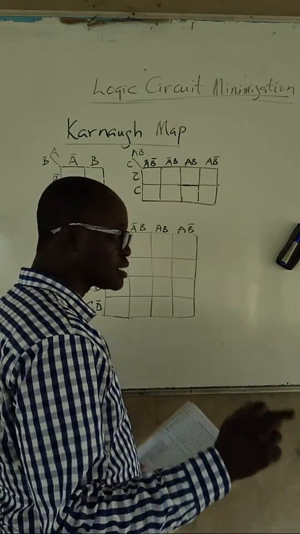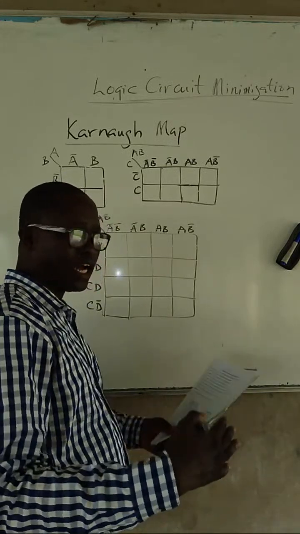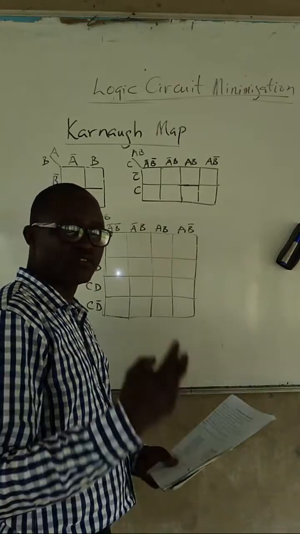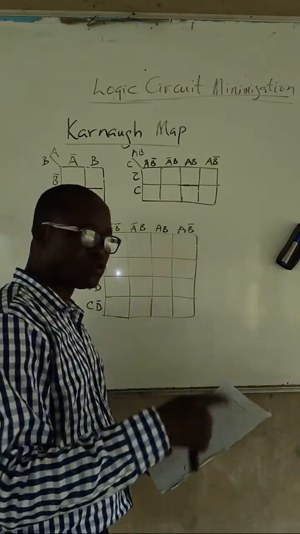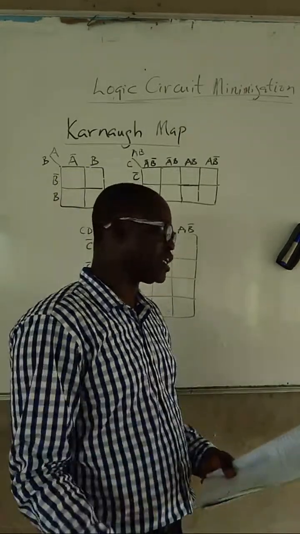And then you draw the circle in powers of 2. When they are close to one another, if 2 are together, you map them together, you circle them together. If 4 are together, you map them together. If 8 are together, you map them together.